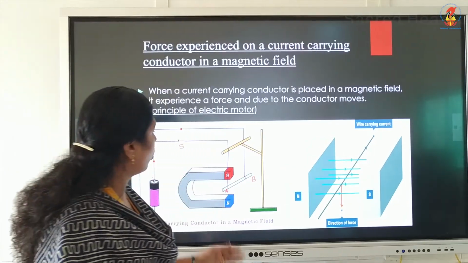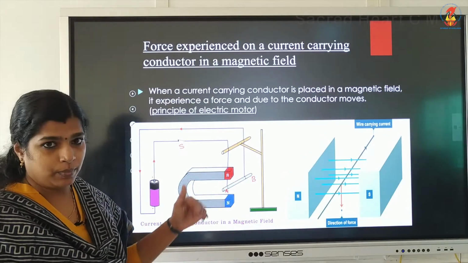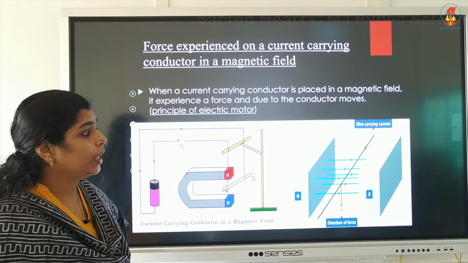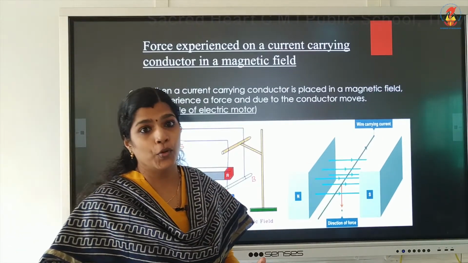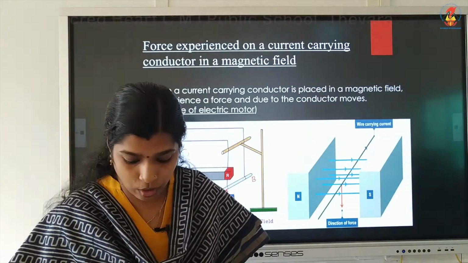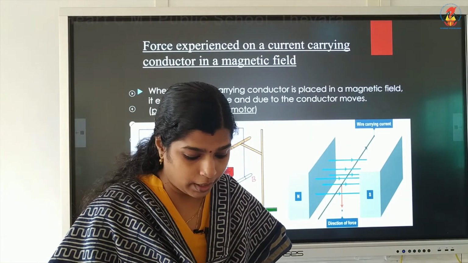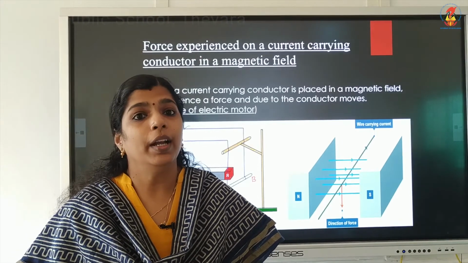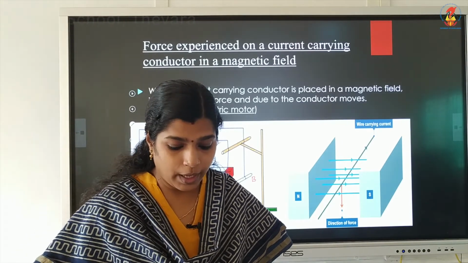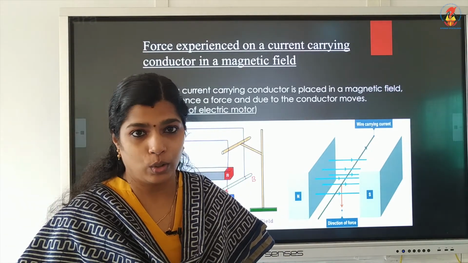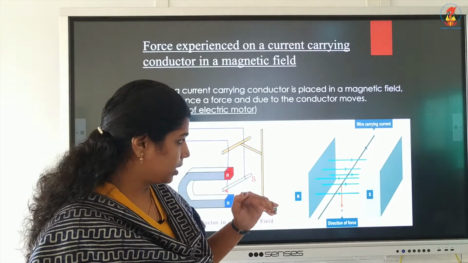Here the current is flowing from A to B. Now, we can find the direction of force, in which direction the conductor moves, with the help of Fleming's left hand rule. That we will discuss.